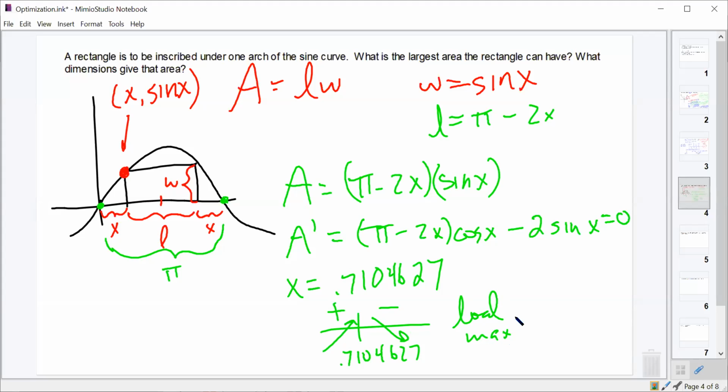And if we've got a local max there, we can now just go back in and answer the question, what's the largest area? Well, the largest area should be pi minus 2 times 0.710467 times the sine of 0.710467. And what'd you get for those?